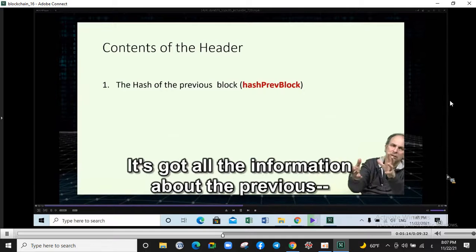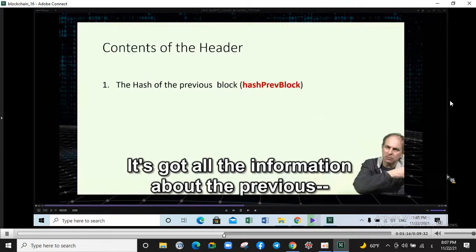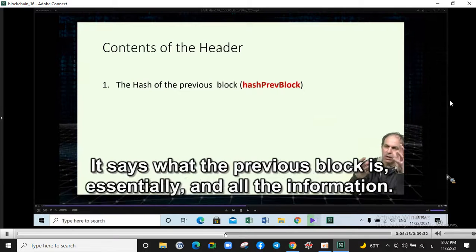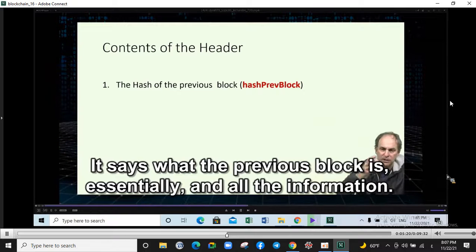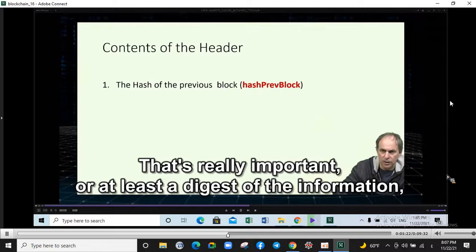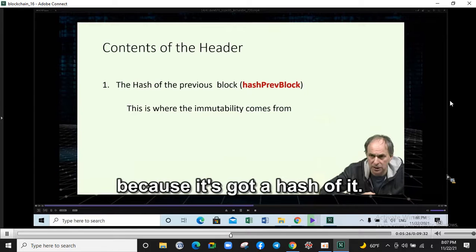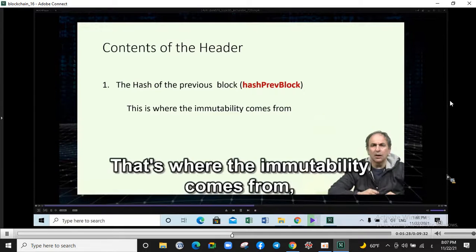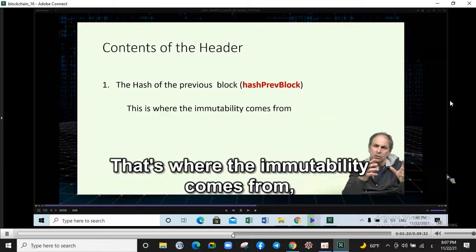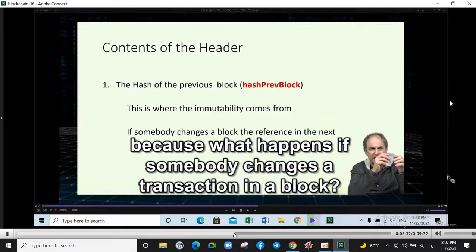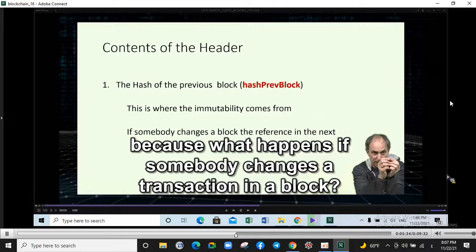It's got all the information about the previous block, it says what the previous block is, essentially, or at least a digest of the information, because it's got a hash of it, okay? That's where the immutability comes from, because what happens if somebody changes a transaction in a block?